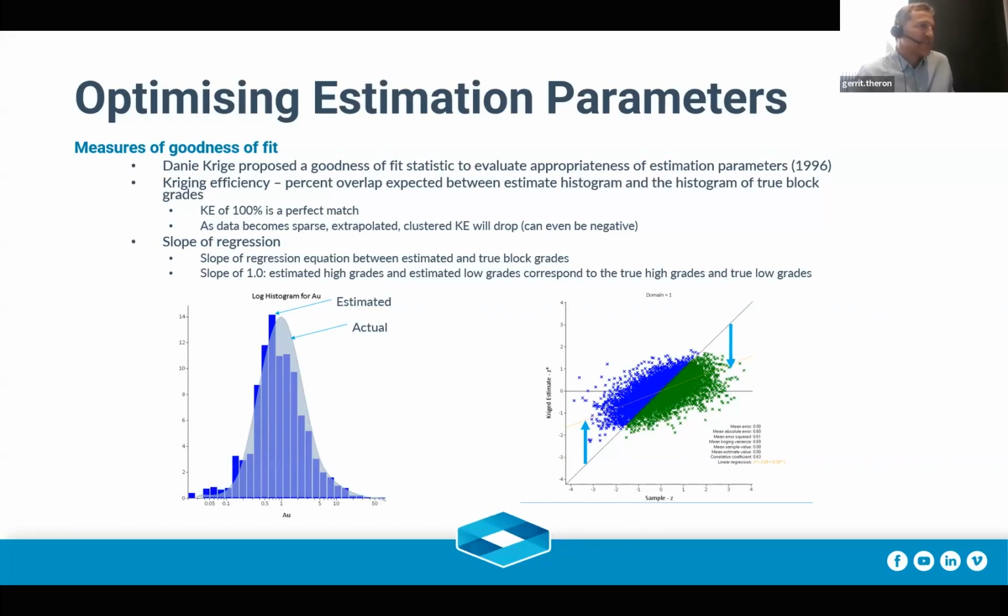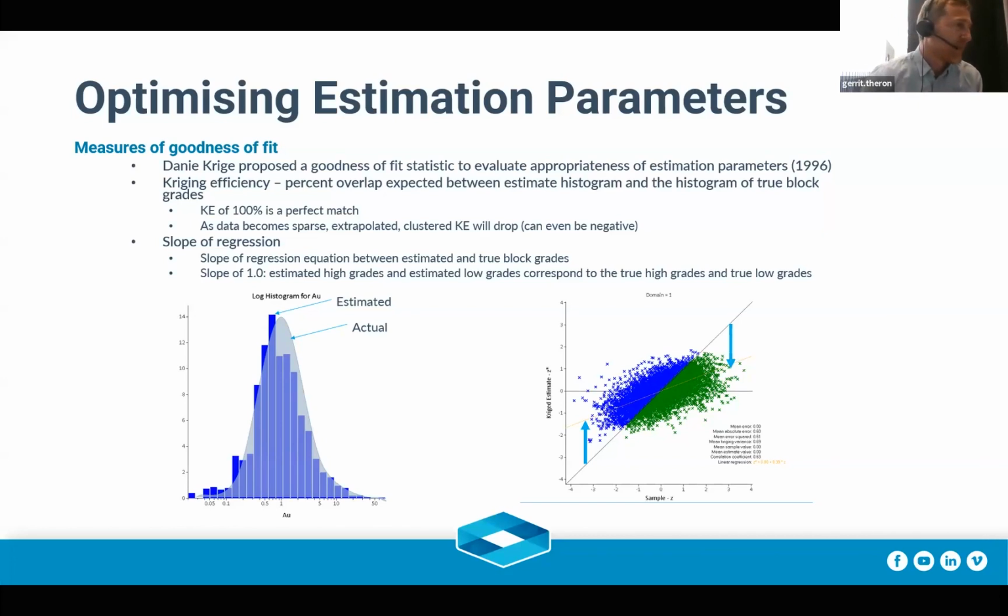The second one is the slope of regression, which is demonstrated there on the right. We've got on the y-axis our kriged estimate, on the x-axis our samples. That's actually just a cross-validation, but that will be the kriged estimate versus your actual values.